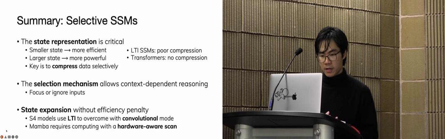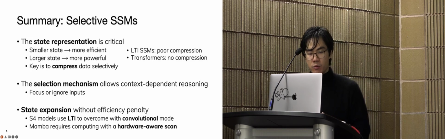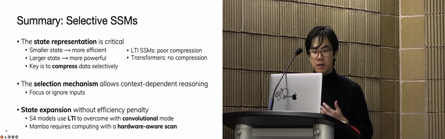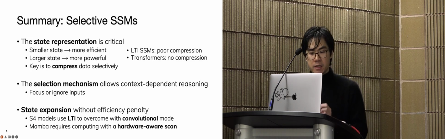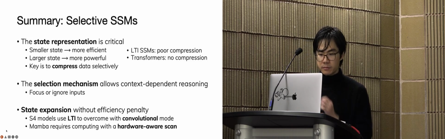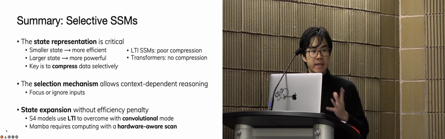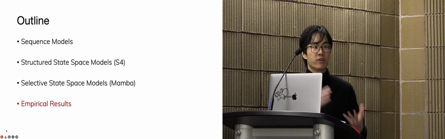In particular, I had been emphasizing that one of the reasons the classical form of structured SSMs had to be linear time invariant is that you have to do that to be efficient. And in particular, you need to bypass materializing this larger hidden state. By the way, one reason why I kept mentioning that we need that state expansion is because of this whole compression aspect.